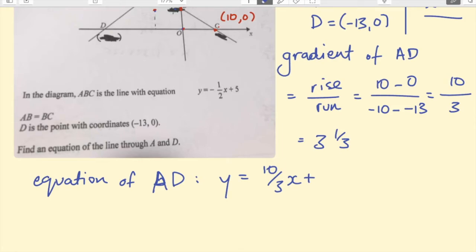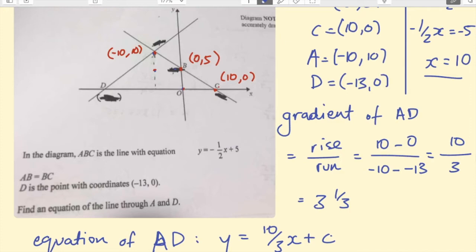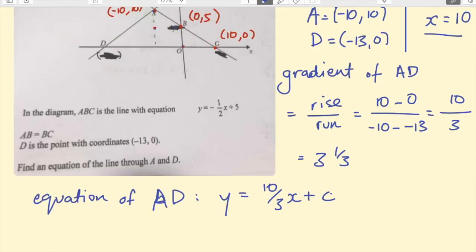No, so we can't finish this equation off, so we have to fill in that blank somehow. So we just write a c, we just put an unknown in there, and we need to use a point on the line again to find what that unknown is. So I'm going to use D, because I think that might be easier.